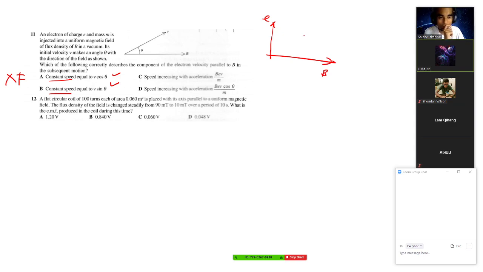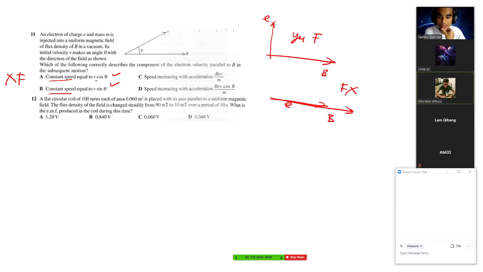Zero or has a magnitude? Which one? It has a magnitude, yes. Okay, F means that it has a force. But if the velocity is in the same direction as B, there is no force acting on the electron.